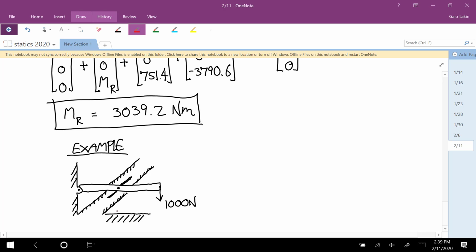And this angle is 45 degrees, and that's also the angle of the slot. What really matters is the slot. And the question is, what are the reactions at the 2 pins?